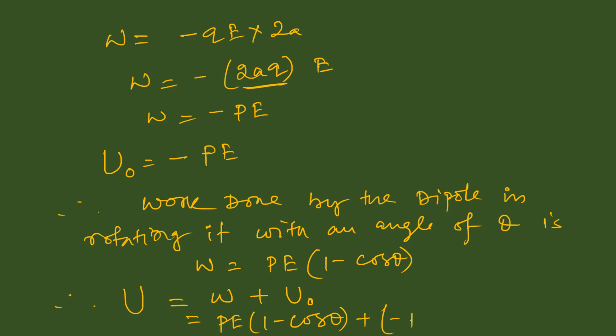That is minus pE. I'm not doing the full calculation because I don't have the space. After doing the calculation, the final expression I get is minus pE cos theta. So this is the expression for the potential energy stored by a dipole. On the next page, U equals minus pE cos theta.